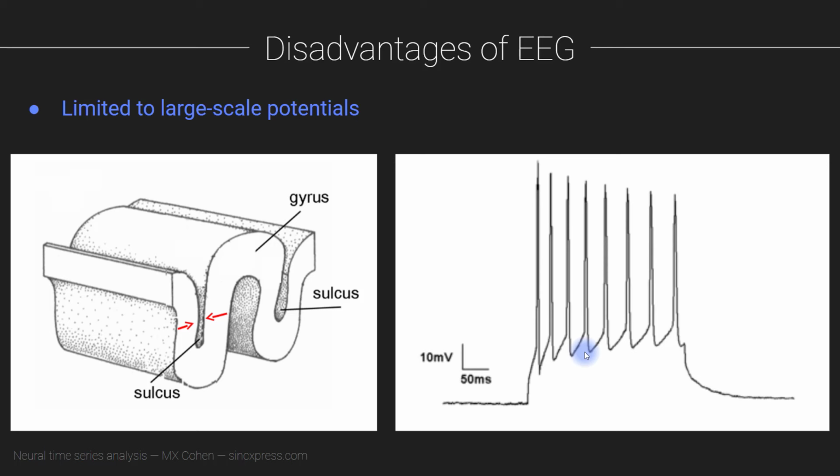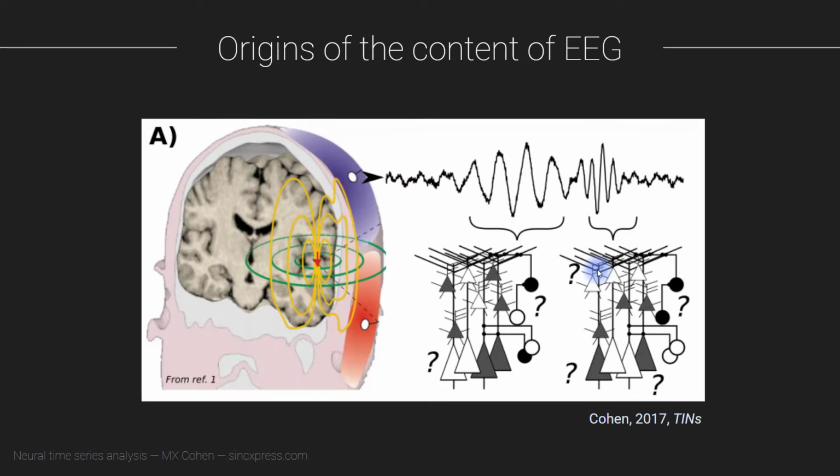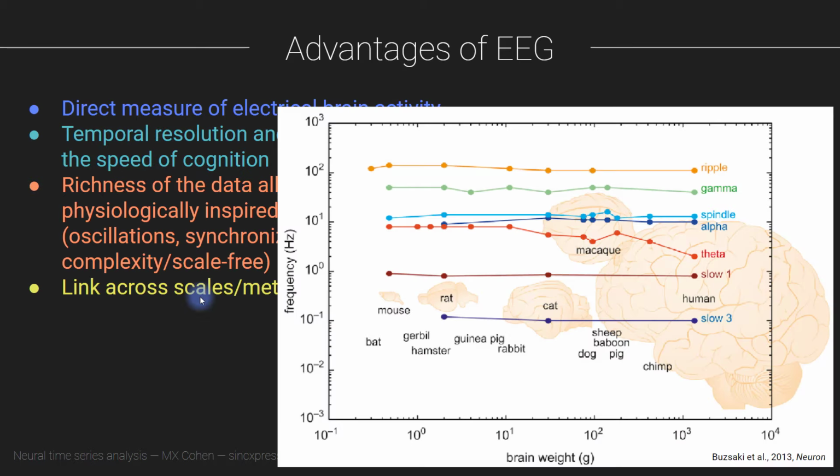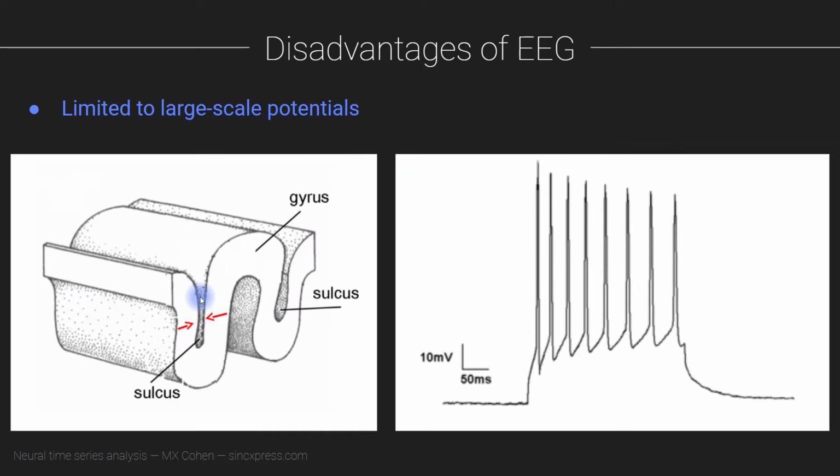There are many, many computations that are happening in the brain at a spatial scale that is too small to be measured with EEG. On the other hand, it's not possible to do these kinds of very detailed local recordings in humans, certainly not in healthy, awake humans. Or healthy any kind of humans, regardless of whether they're awake or asleep or anything.